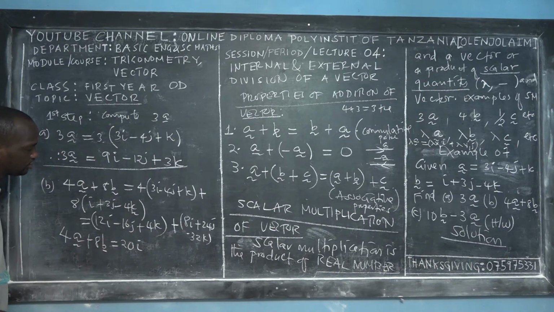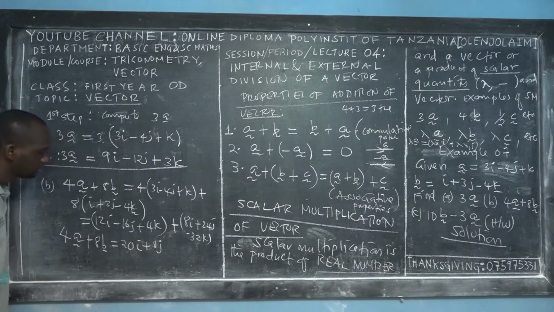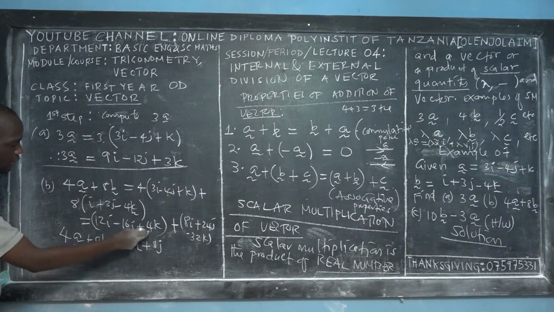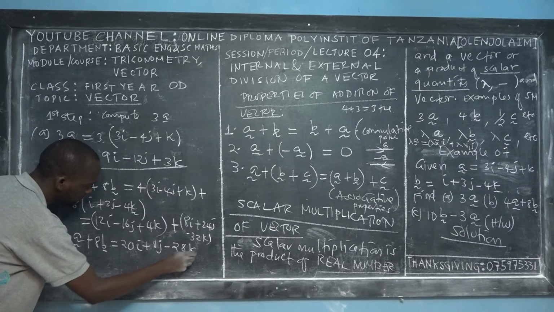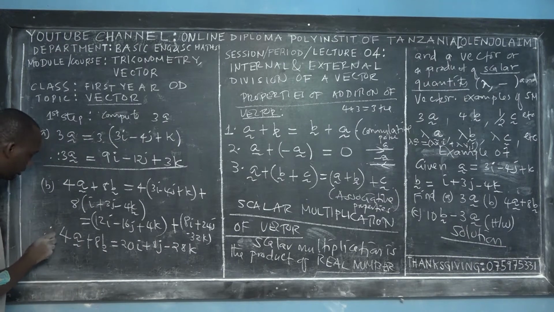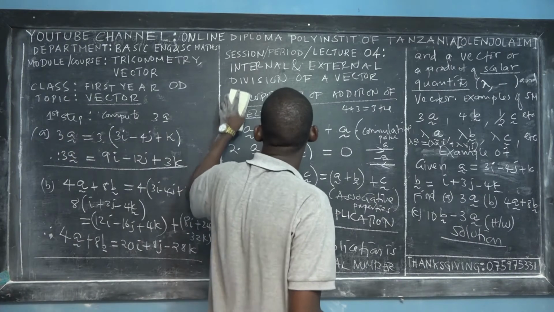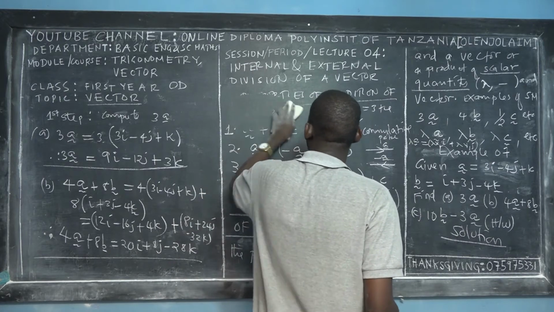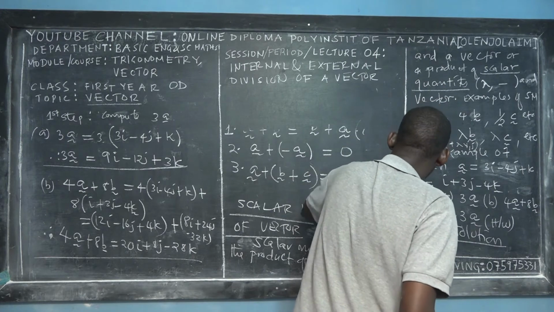Negative 16j plus 24j is equal to 8j. And then we have 4k minus 32k, which is equal to negative 28k. So this is the final response. Simple. Now you can do the homework.